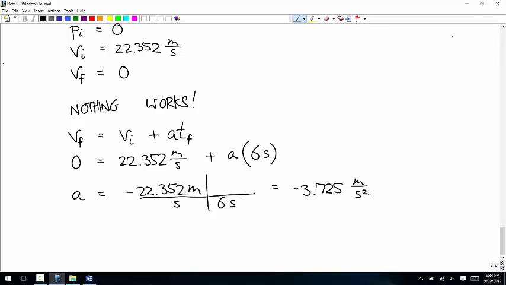Meters per second squared. And so now we know the acceleration, and now we can use P final is equal to P initial plus V initial T final plus 1/2 A T final squared.